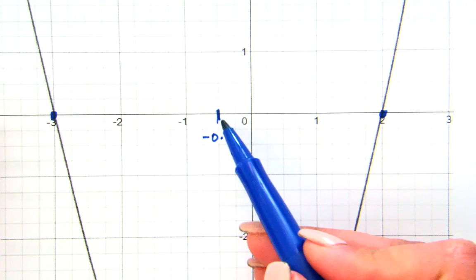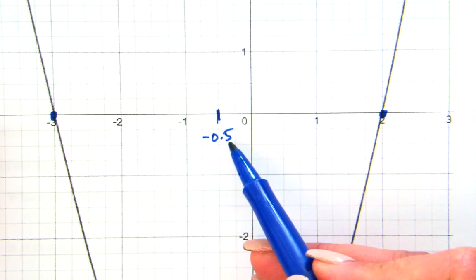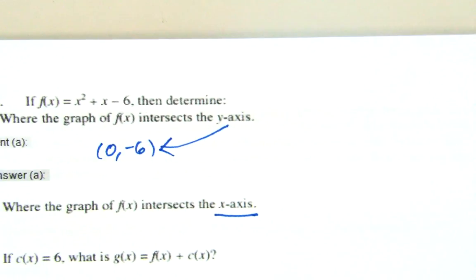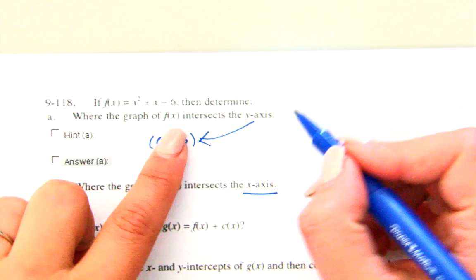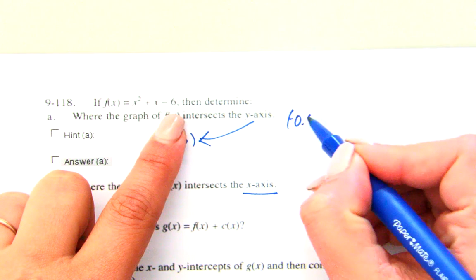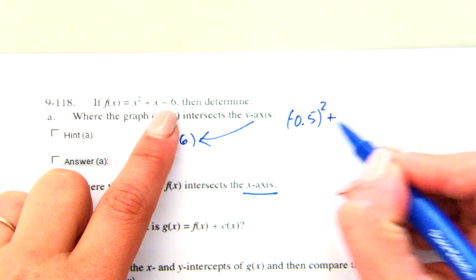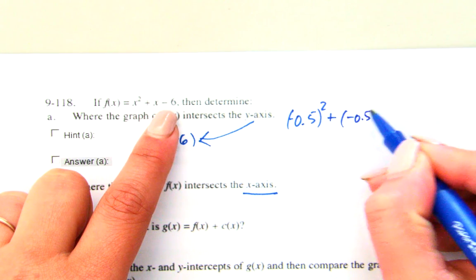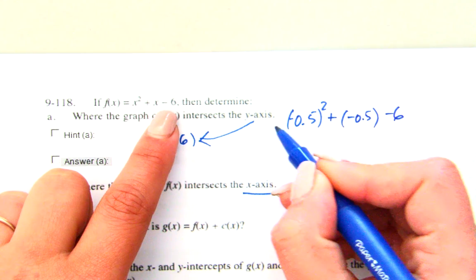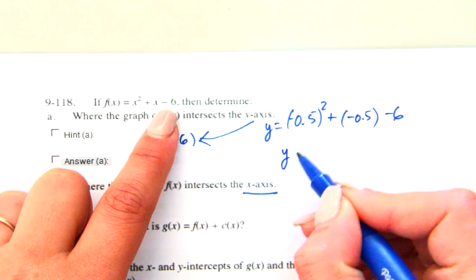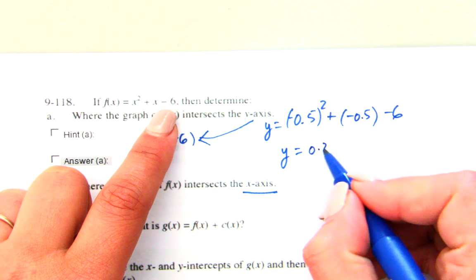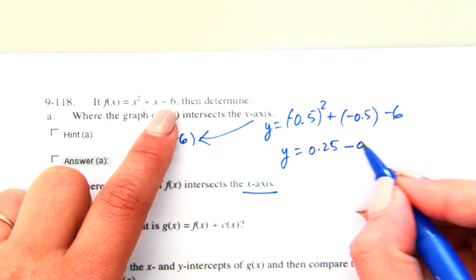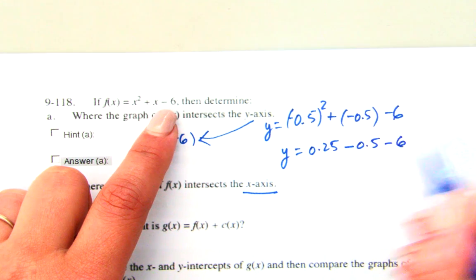-0.5. So if we take -0.5 and we plug it in to the equation, we have, let's see, -0.5 squared plus -0.5 minus 6. And if you work that out, you should get y equals, let's see, 0.25 minus 0.5 minus 6.